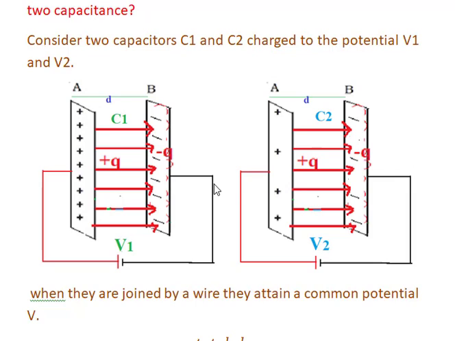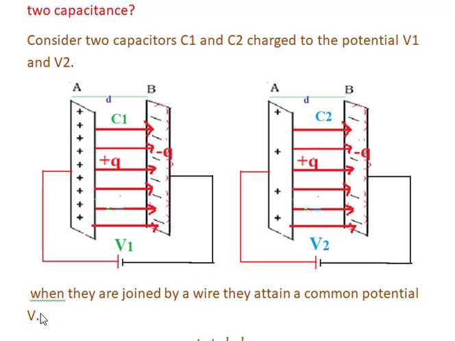On joining these two capacitors, we know that the first capacitor is under higher potential and the second capacitor is under lower potential. Now they are joined by a wire. What happens when we join them by the wire? A common potential is created between these two capacitors.